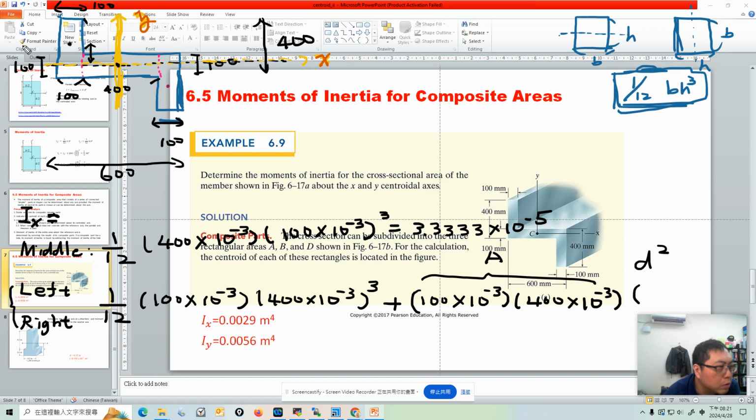Here I think it's also 100. Let me check. 150, 50, 200. Yeah, it's kind of very strange. What's the distance here? Here is 100.